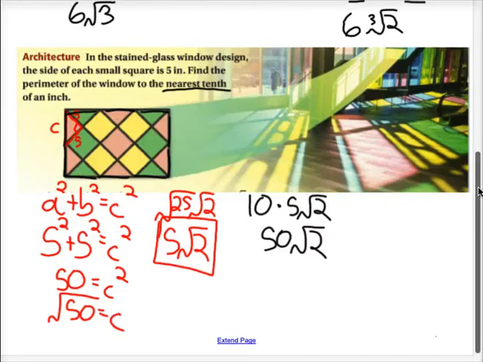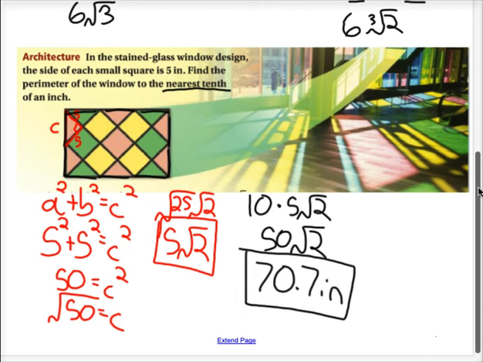In real world examples, having a decimal answer means a whole lot more than a radical answer. So if you type that into the calculator, you will get 70.7 inches. That is what your final answer is as a regular decimal.